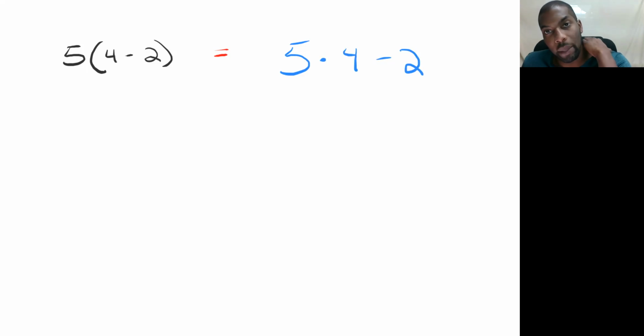So you have the same numbers here, right? So you might say, oh, of course they're equivalent. They have the exact same numbers. And in fact, this says 5 times 4 minus 2, and so does the blue. It says 5 times 4 minus 2. But we remember, we just went over the order of operations, PEMDAS.